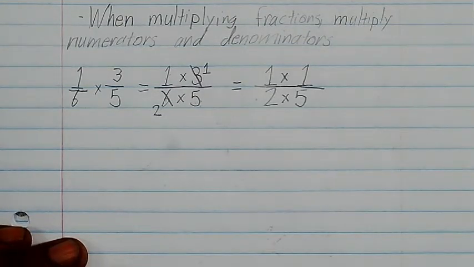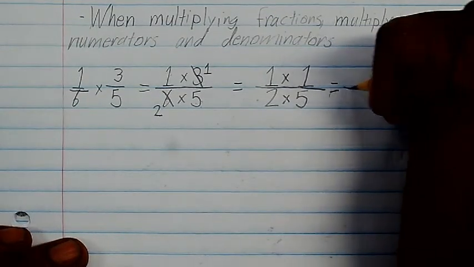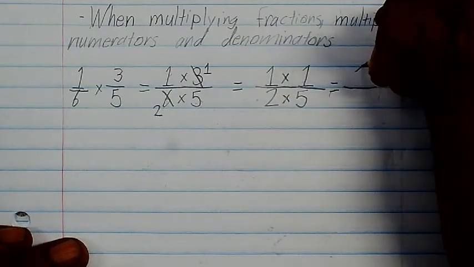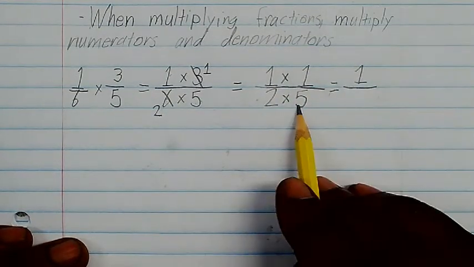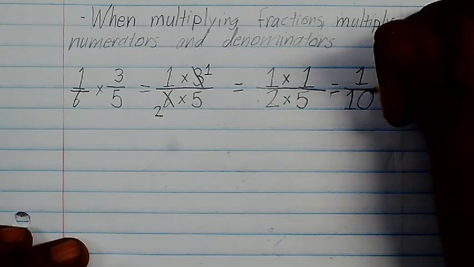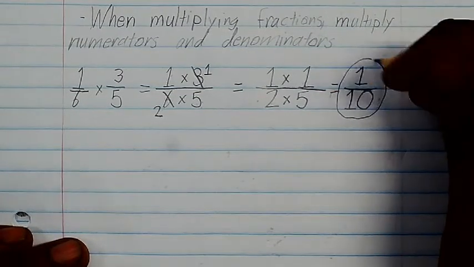Okay? So now we can multiply. Just multiply numerator times numerator, that's 1. Denominator times denominator, that is 10. And this is our final answer because this is in its simplest form.